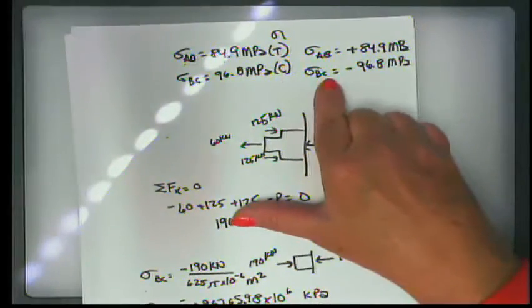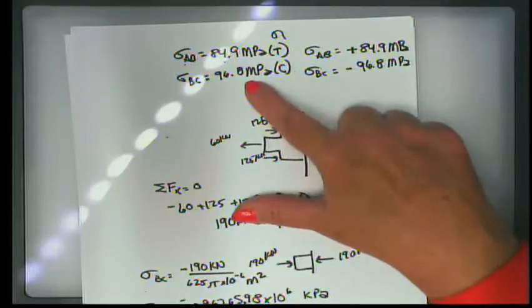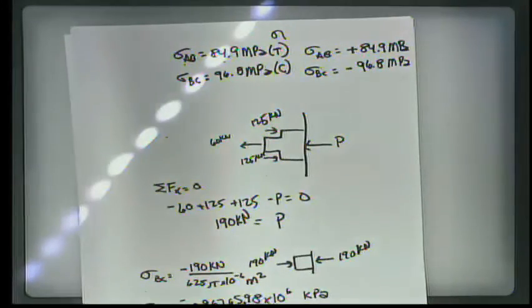All right, either one of these is fine, but do not say that sigma BC is negative 96.8 in compression. That's like a double negative, so that would indicate that it's actually in tension, and it would be bad form anyway. So you either say it's tension compression, or you say it's positive negative.